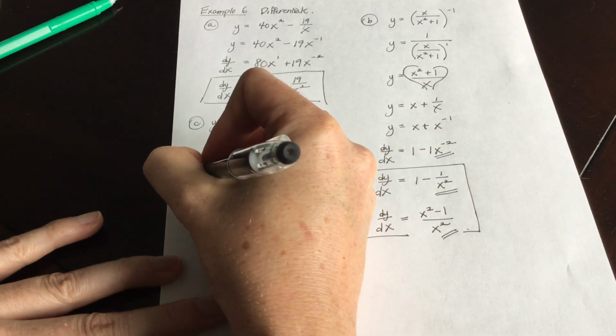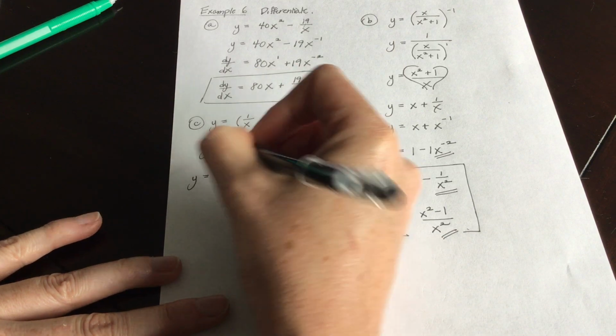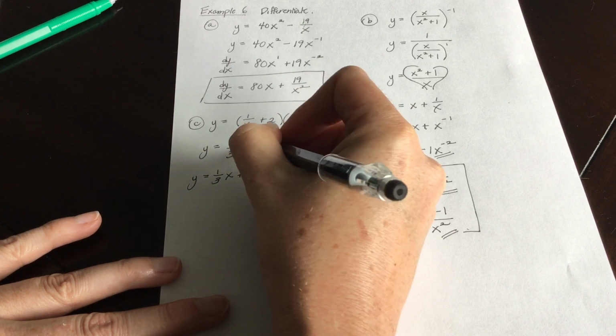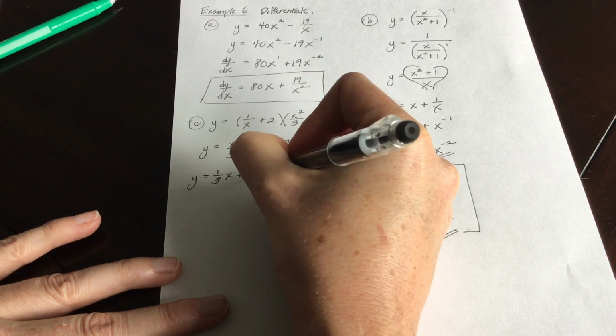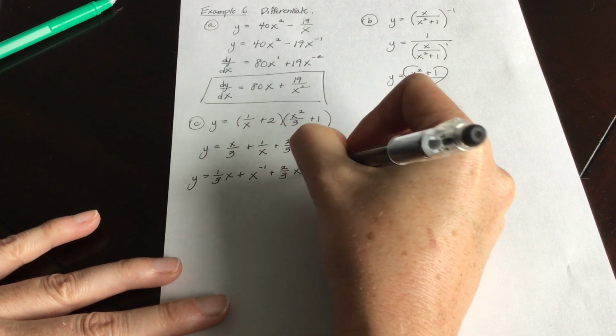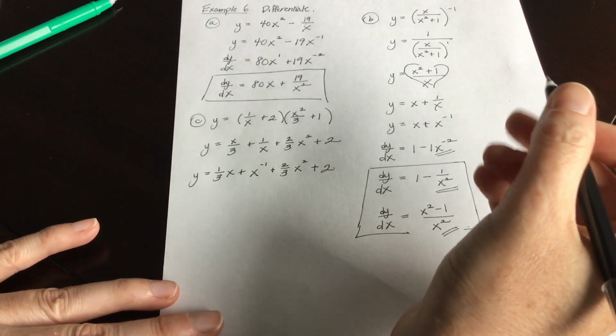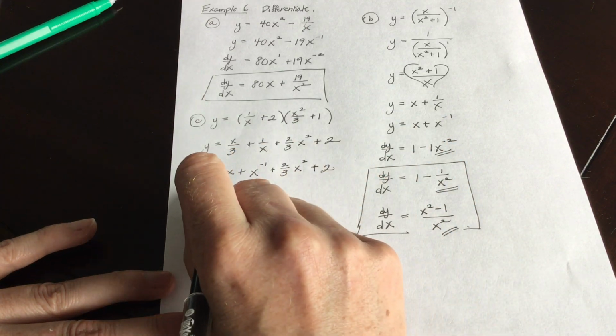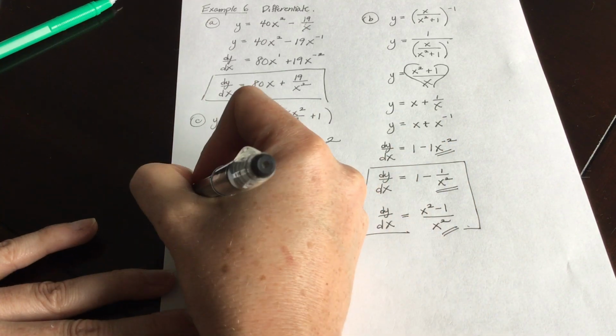Okay, a little more algebra before calculus. X over 3 could be thought of as 1/3 x, plus 1 over x is x to the negative 1. Like so. And now this is stuff we have rules for. We have sum rule, we have constant multiple rule, and we have power rule.